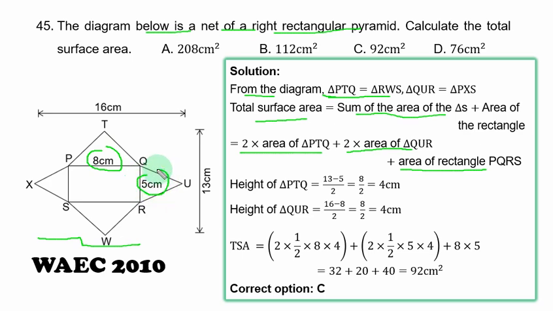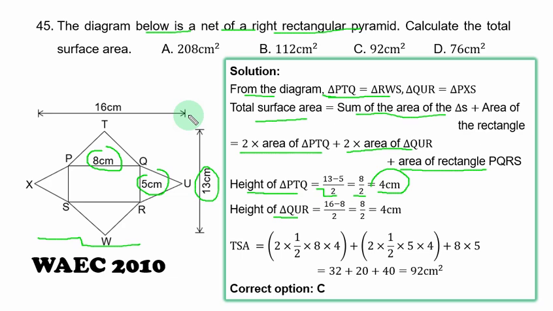To get the height of the two triangles, you subtract 5 from 13, and to get the height of one triangle, you divide it by 2. Therefore, height of triangle PTQ is equal to 13 minus 5 divided by 2. That is equal to 8 over 2. You have 4 cm.